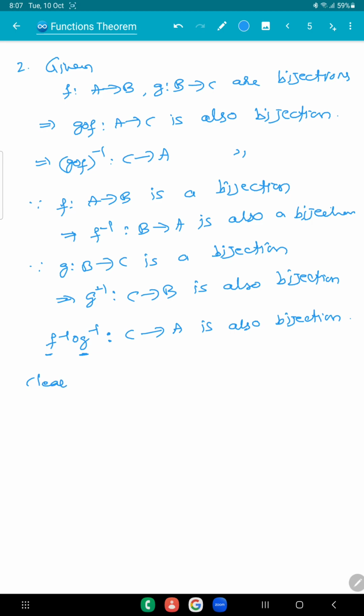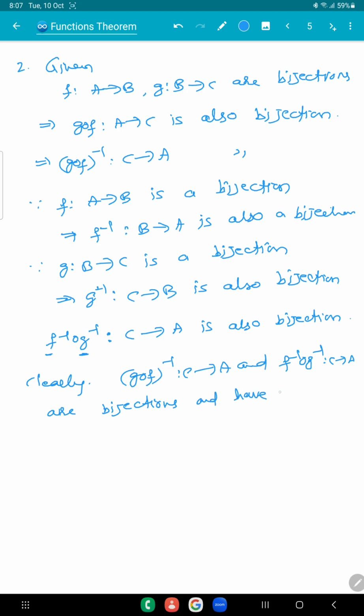Clearly observe that we have to show that two functions are equal. Clearly (g circle f) whole inverse from C to A and f inverse circle g inverse from C to A are bijections and have the same domain.